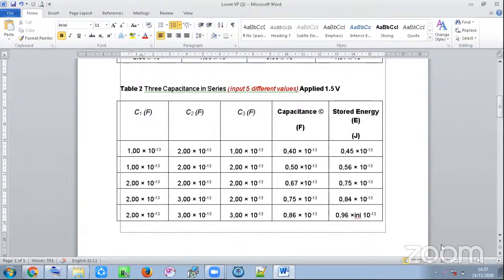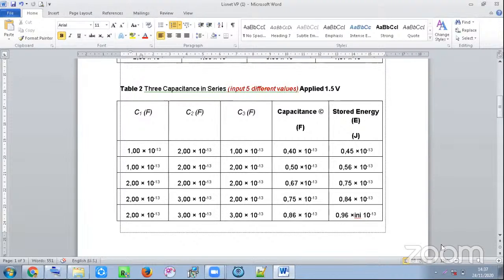Next, in row 4, the value of C1 is 2.0 times 10 to the power of minus 13, C2 is 2.0 times 10 to the power of minus 13, C3 is 2.0 times 10 to the power of minus 13.